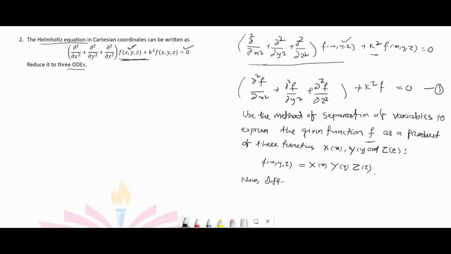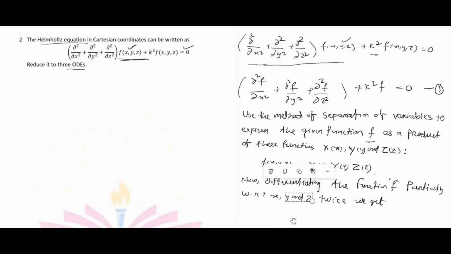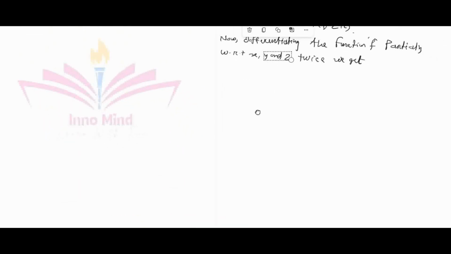Differentiating the function f partially with respect to x, y and z twice, what will we get here if we differentiate it twice?